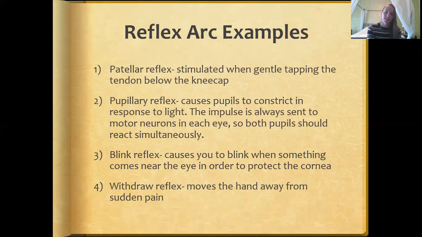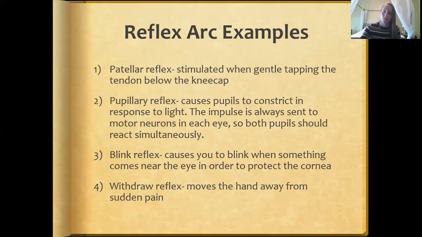The blink reflex is when something is coming towards your face, you will automatically blink. That is in order to protect your eyes from damage. So that is just the blink reflex. And then the withdrawal reflex is if you touch something that causes immediate pain to your hand, you will automatically withdraw your hand. So again, normally if I want to raise my arm, that signal has to go sensory neuron, interneuron, brain, back to interneuron, motor neuron, effector.